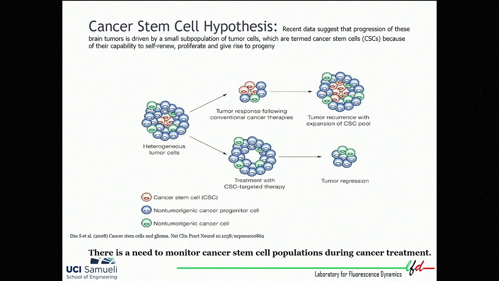One of the things that we're interested in is the cancer stem cell hypothesis. Recent data has suggested the progression of these brain tumors is driven by a small subpopulation of tumor cells, called the cancer stem cells because of their capacity to renew.